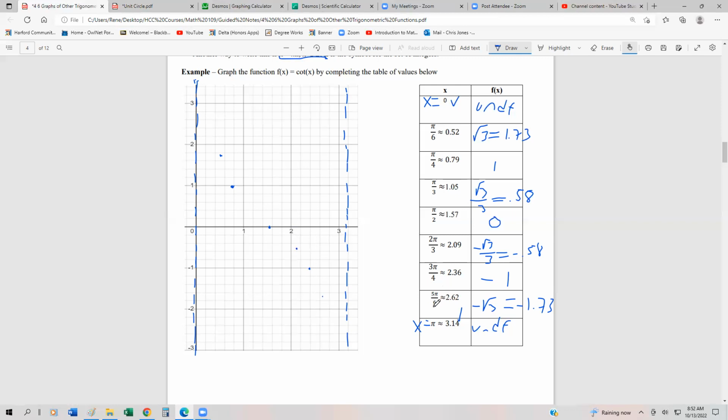And so our cotangent function is going to look something like this. And of course, I missed one of the points. I'm sorry about that, but let's just blow it up and pretend it's just a really big point that passes through there, as with this one. Now that's about what our cotangent function looks like.